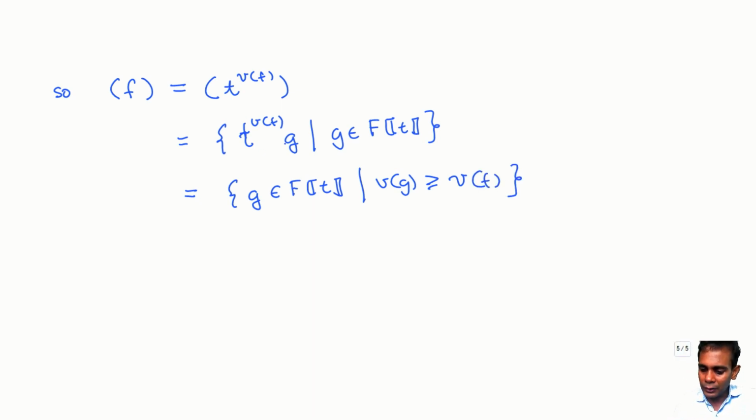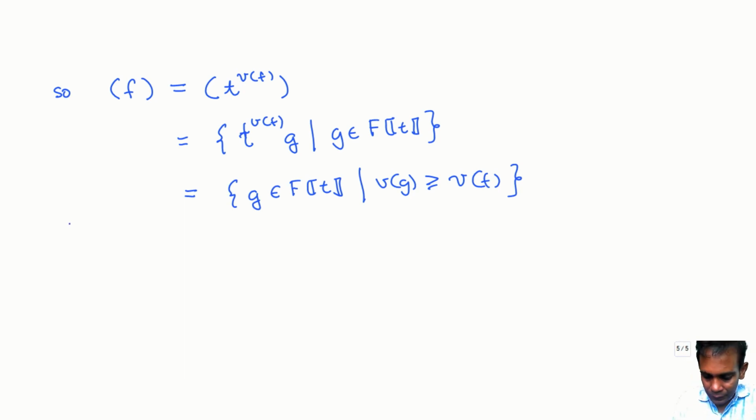In fact, the valuation of t raised to v(f) times g is the valuation of f plus the valuation of g, which can be anything greater than or equal to the valuation of f. Because if you're looking for the first non-zero term of t raised to v(f) times g, it is the first non-zero term of g, wherever it occurs, shifted to the right by v(f). So there you go. The principal ideals are just determined by the valuations of elements.